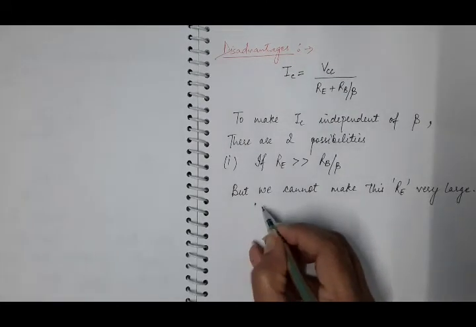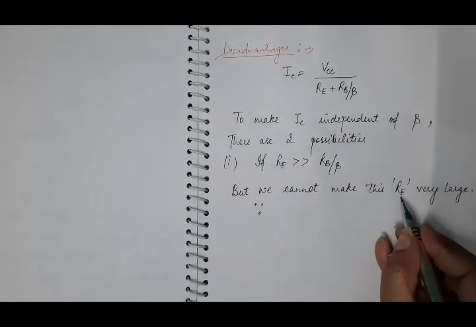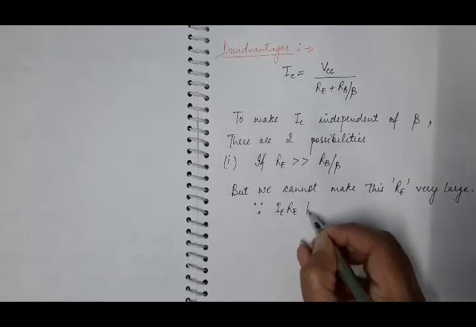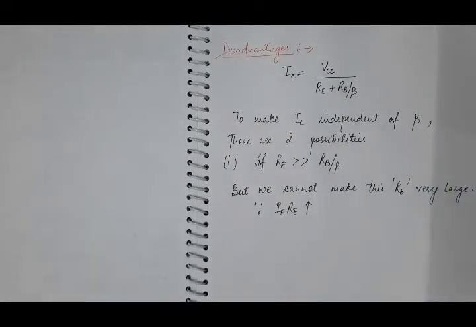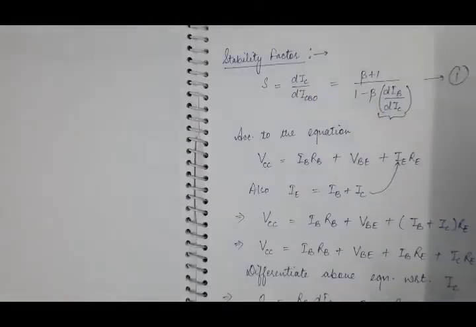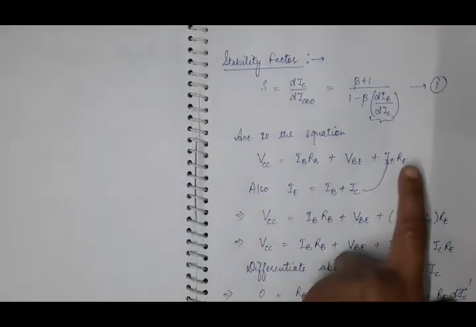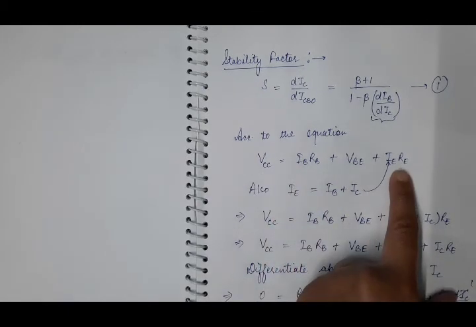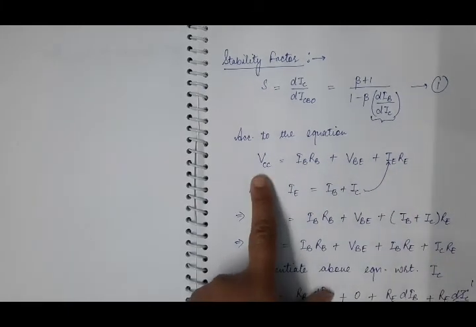Because if you use a high value of RE, then this IE-RE factor will increase to a very large value. And if this IE-RE increases, it means you need a high value of VCC, power supply. Why? See this equation. If this factor increases beyond some value, it means the sum of these three quantities is equal to VCC. It means this VCC must be high.